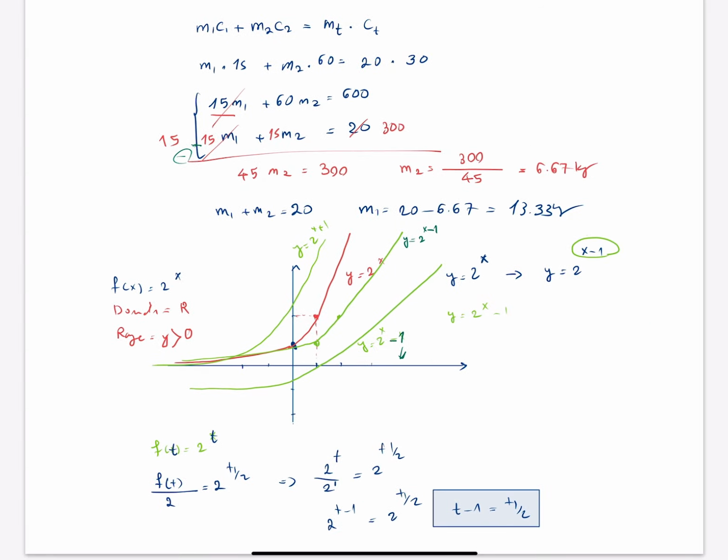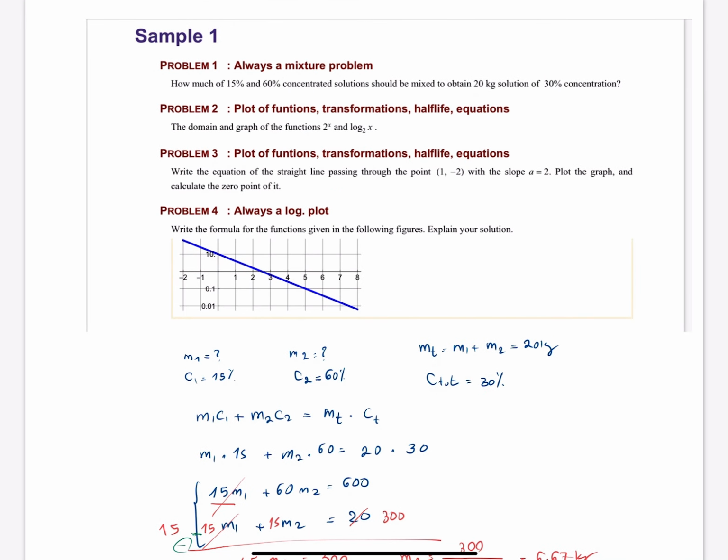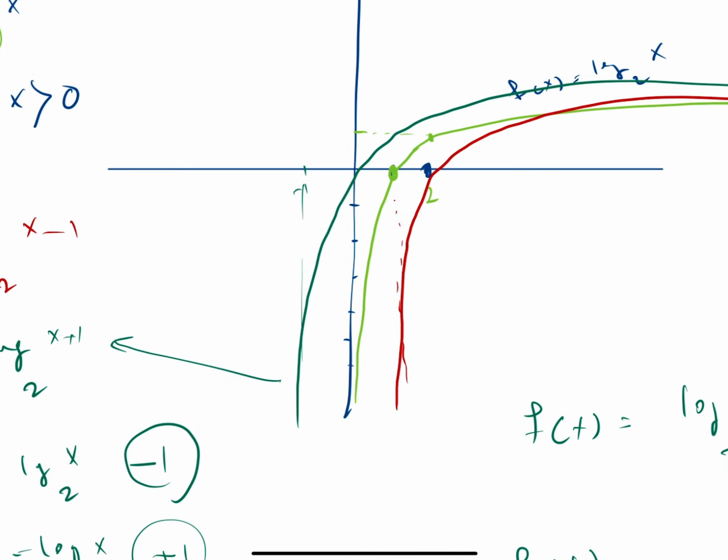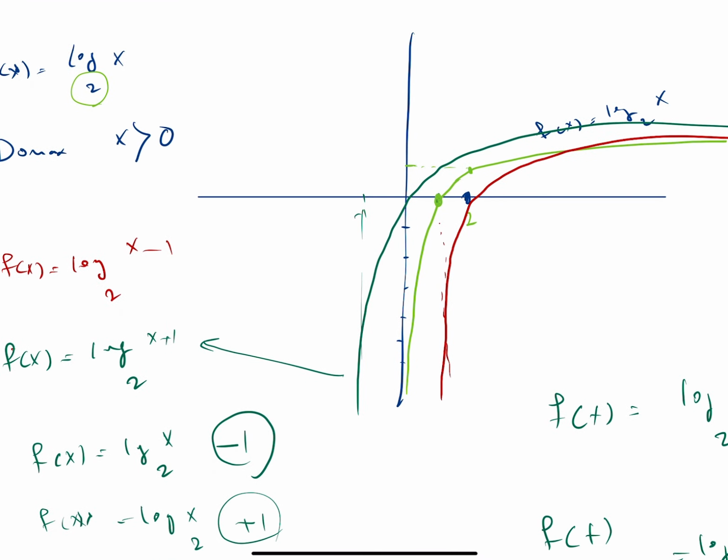And the second one, you ask me the logarithm of x base 2. As you see here, for the logarithm base 2 of x, the domain is always x bigger than 0. For the drawing of it, we always need this point, 1 on the x-axis.